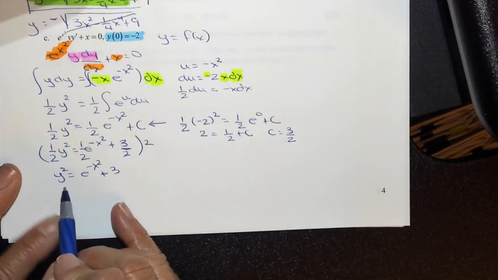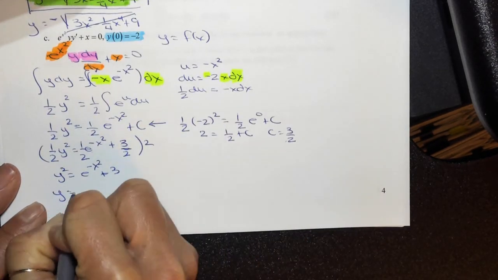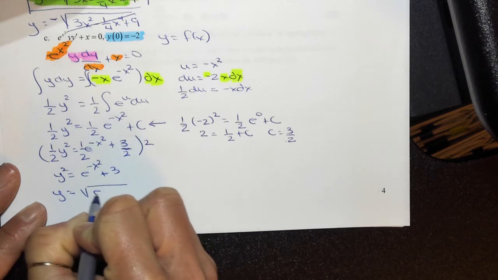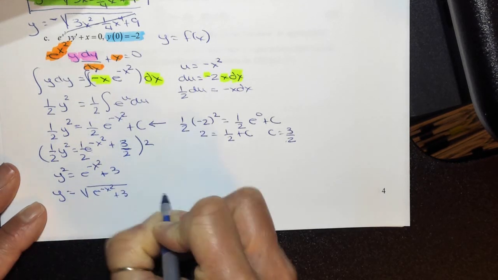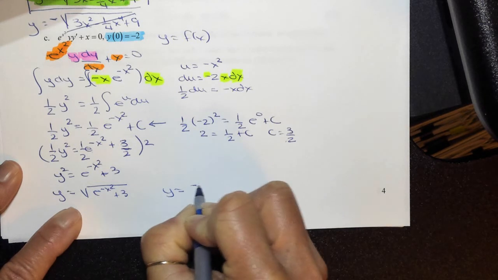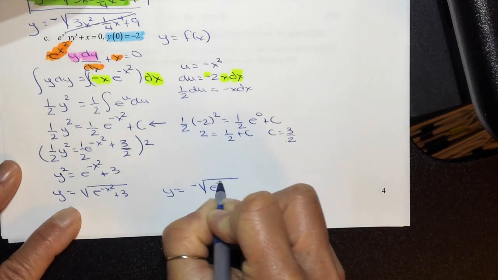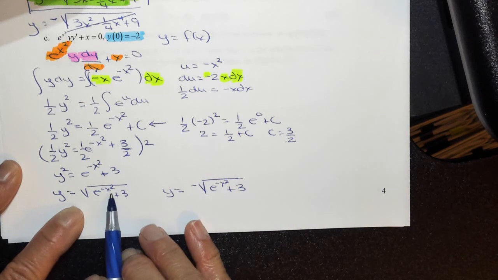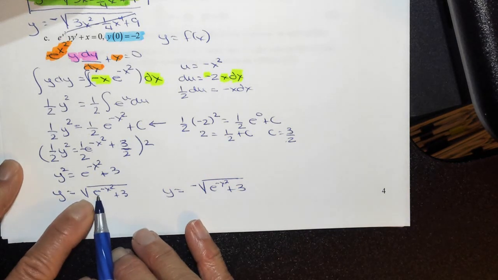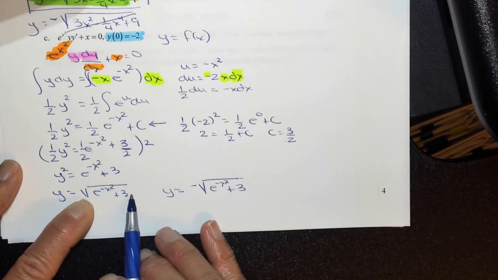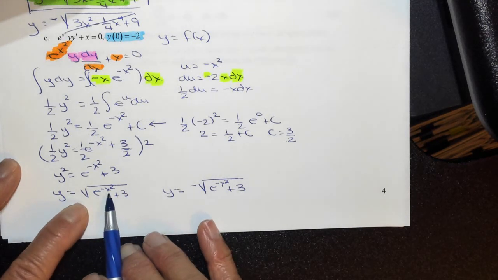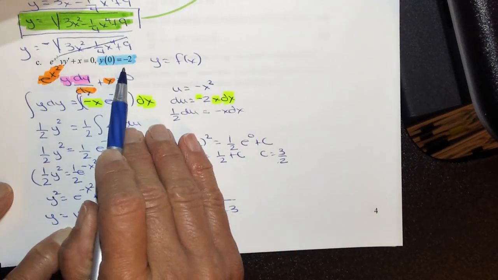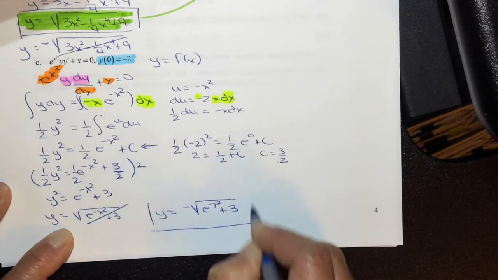When you solve for y, y is equal to the positive square root of e to the negative x squared plus 3, and y is equal to the negative square root of e to the negative x squared plus 3. So when I plug in 0 for x, this becomes 1 plus 3 is 4. The positive square root of 4 is positive 2. We want the negative. So I don't want this one. I want this one.